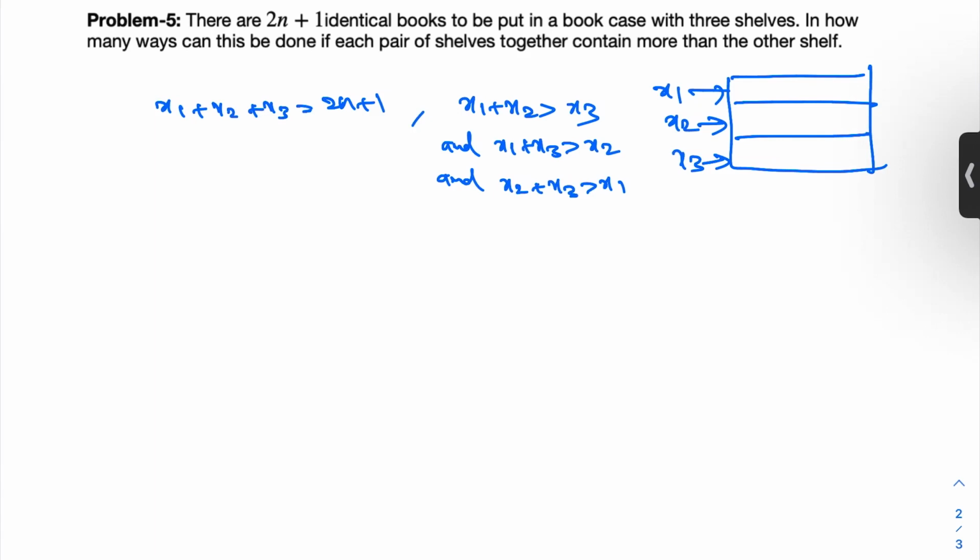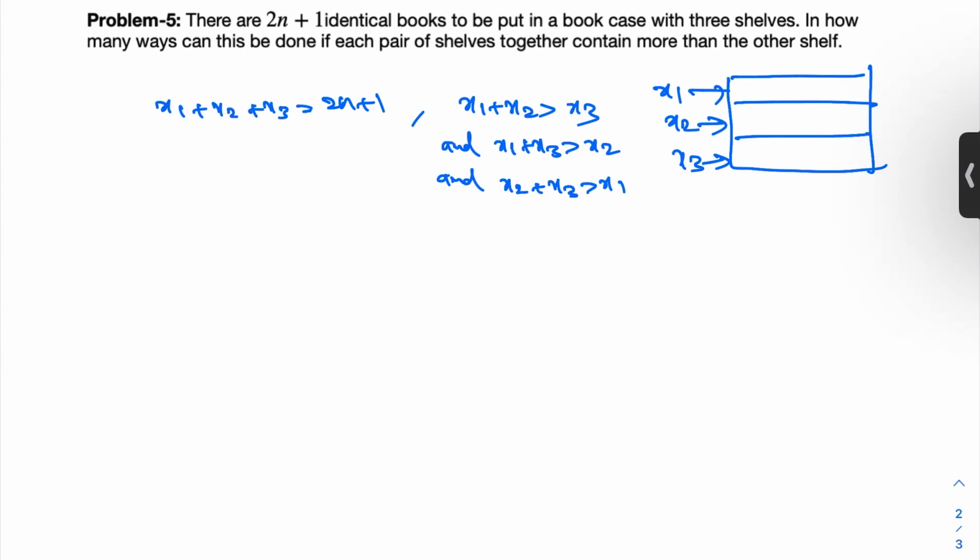So we are interested in non-negative integer solutions of this equation satisfying all these conditions: x1 plus x2 greater than x3, x1 plus x3 greater than x2, x2 plus x3 greater than x1.